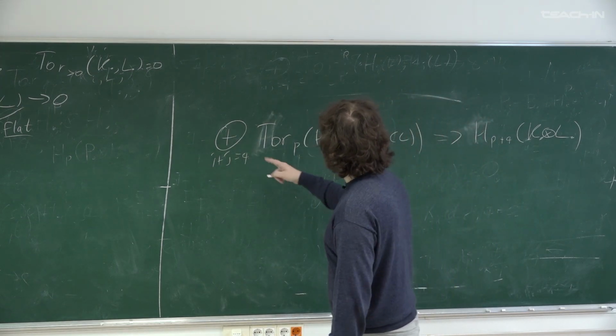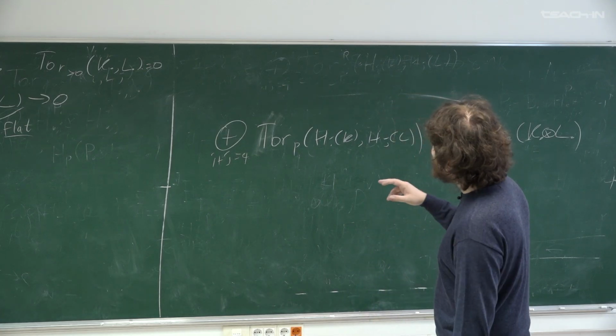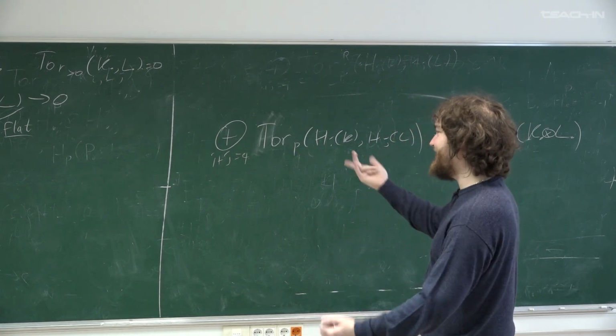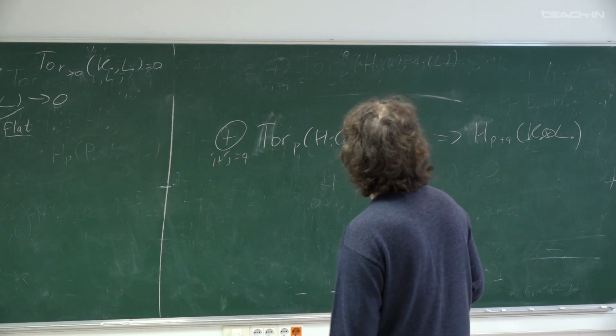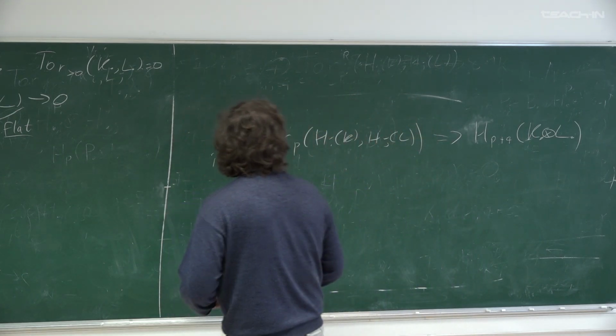So in this spectral sequence, I have only 2 non-zero columns, or rows, if I write down not correct indexes.